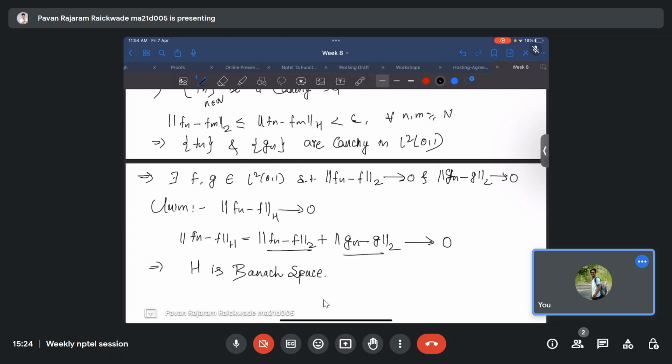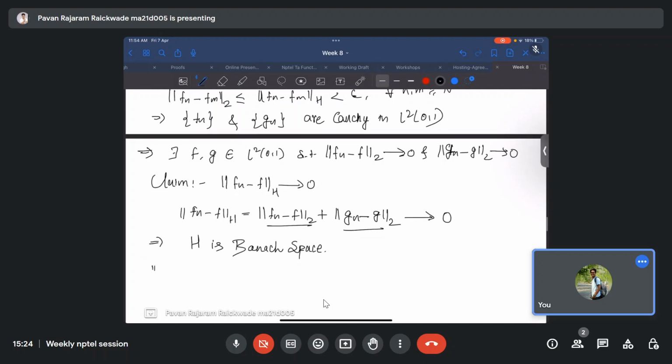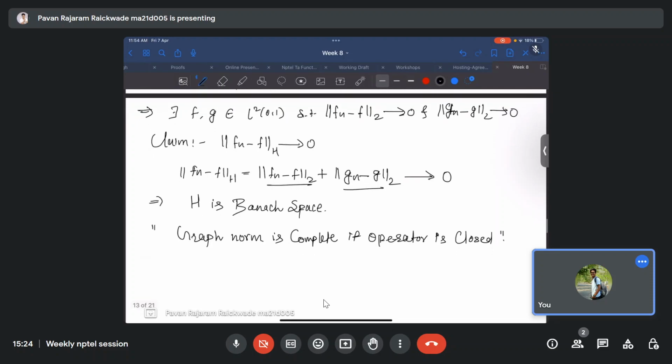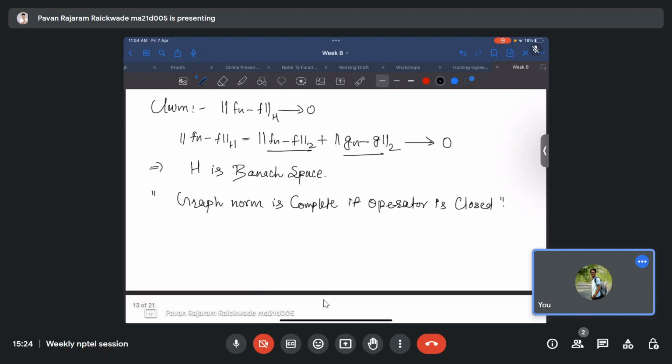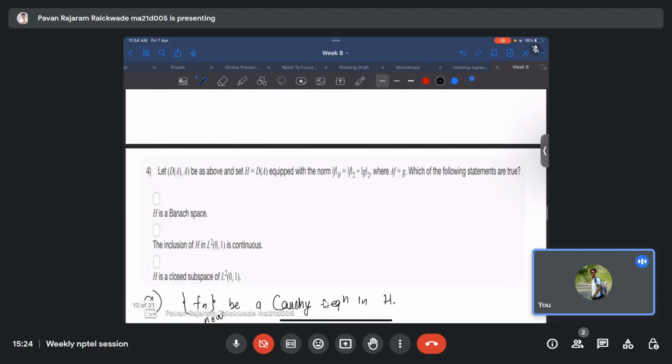So another reasoning is that the graph norm is complete because the operator is closed. It follows from that also. So part A is true.